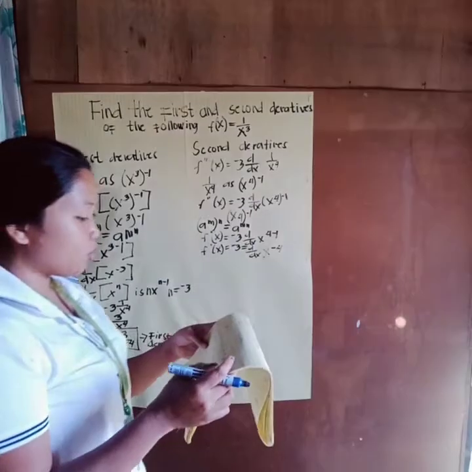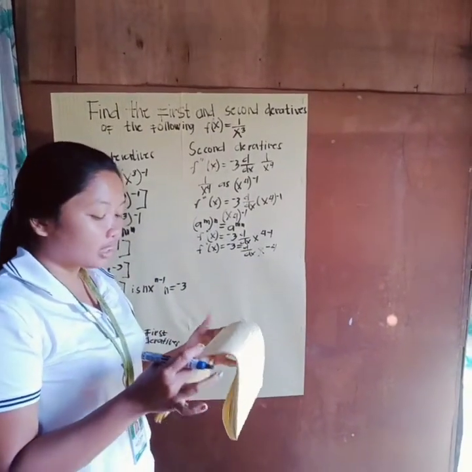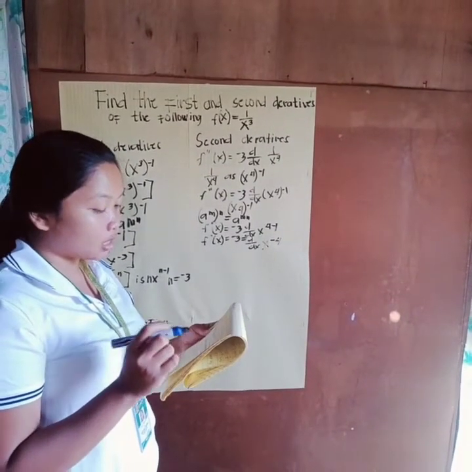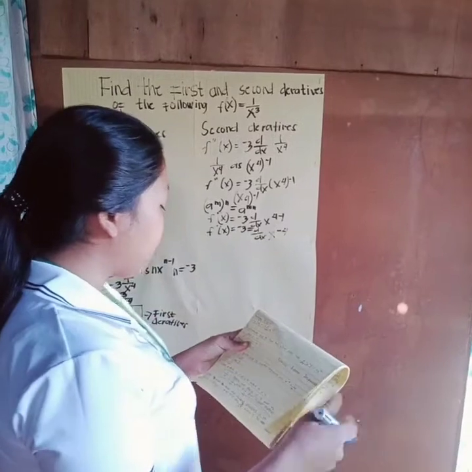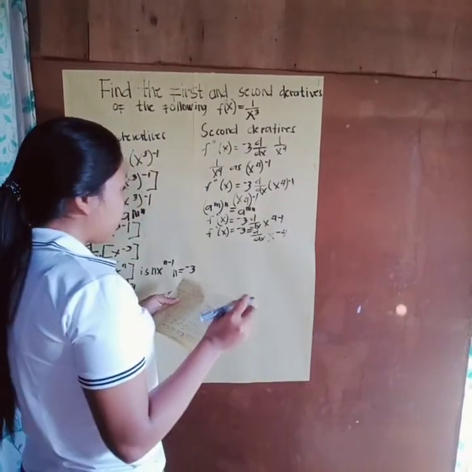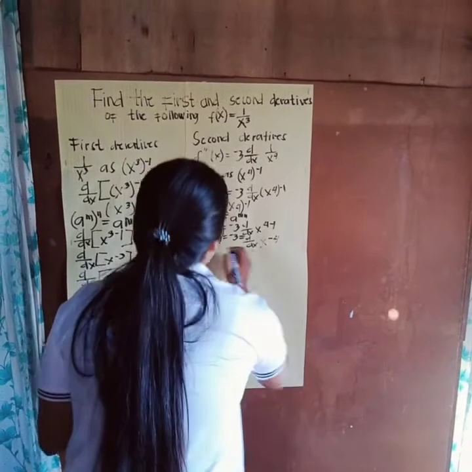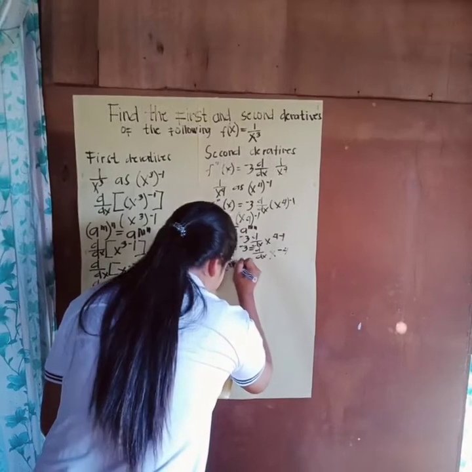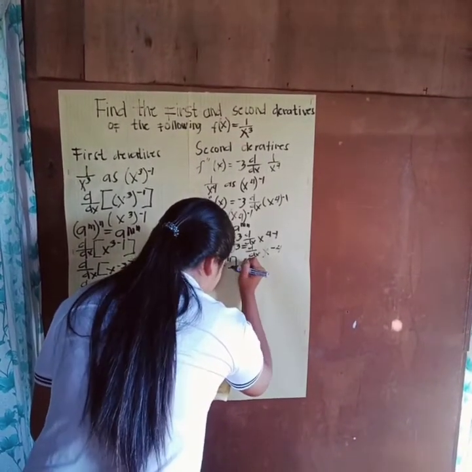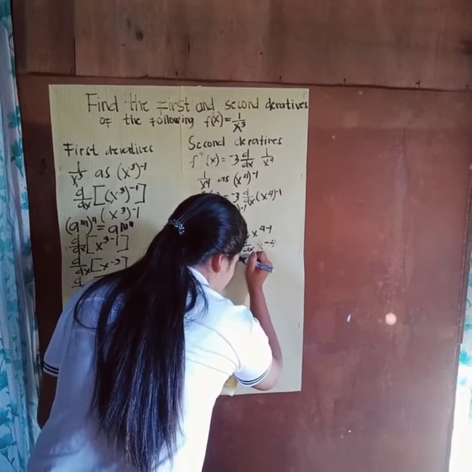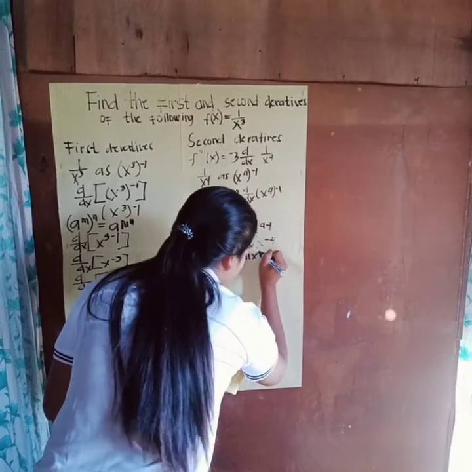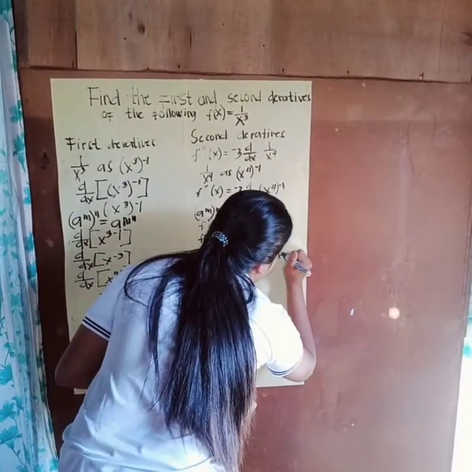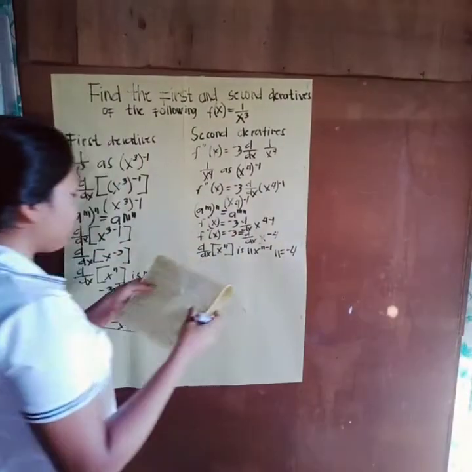Then differentiate using the power rule, which states that d over dx of x to the n is n x to the n minus 1, where n is negative 4.